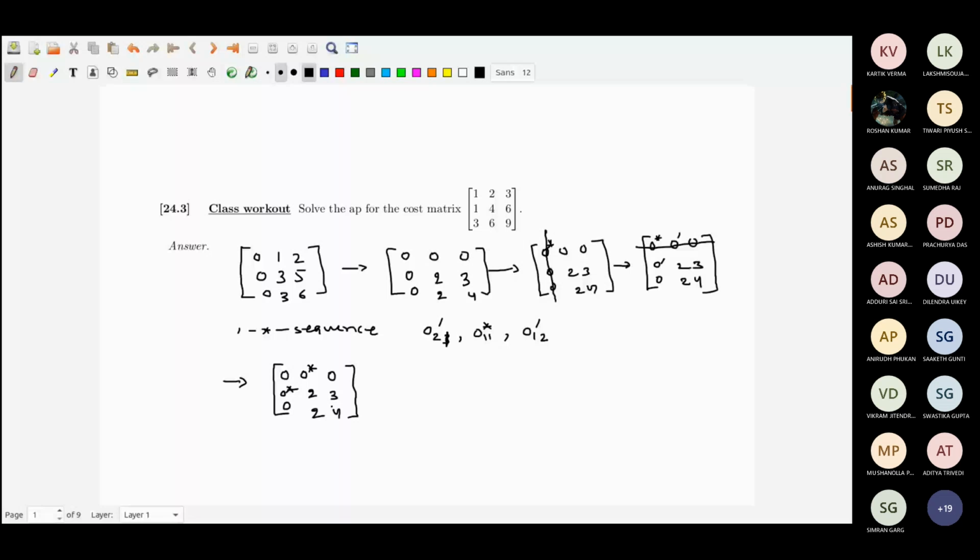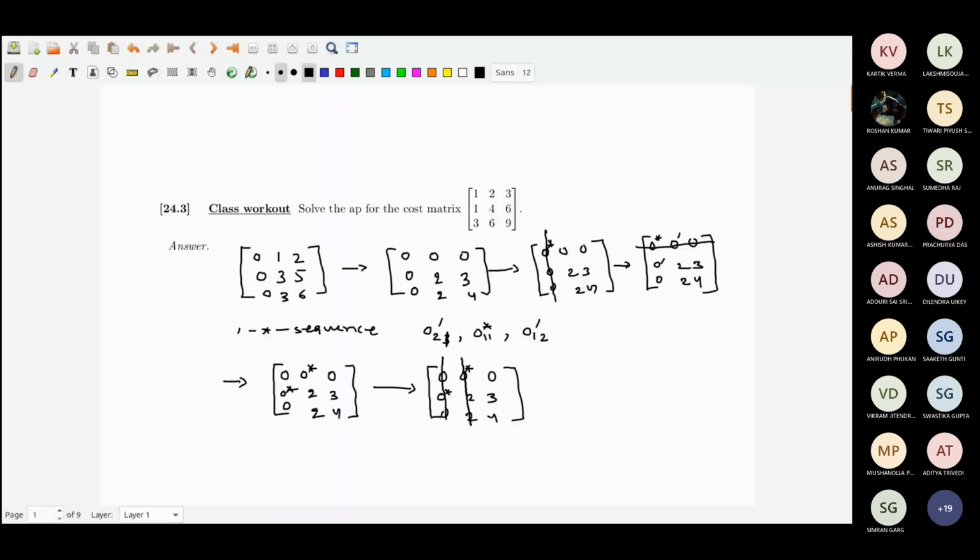If you apply the star prime algorithm, it will cover the starred zeros by columns first, and you get a prime.